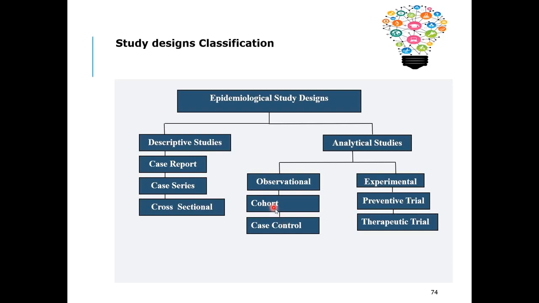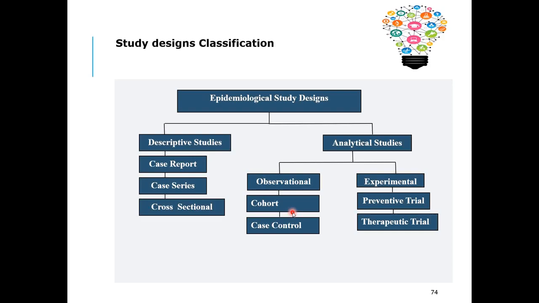So this is a forward moving study and this is a retrospective study. In a cohort study, there is a normal group of population which is divided into two groups, exposed and non-exposed, and then we see the outcome of exposure.